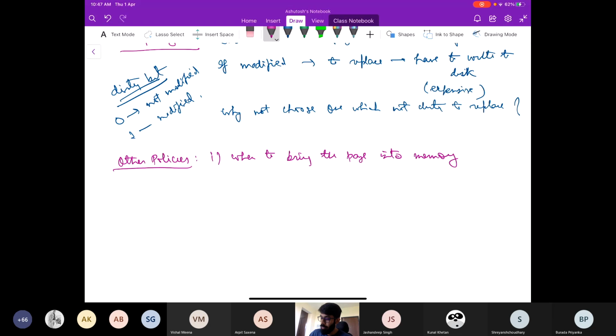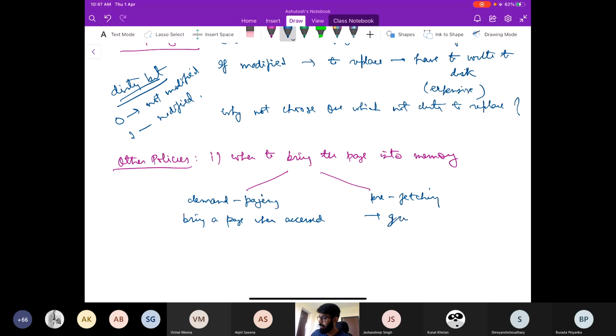There are two options for this. One is called demand paging, which is when the page is accessed. The other one is called prefetching: guess which page is going to be accessed and bring it ahead of time.